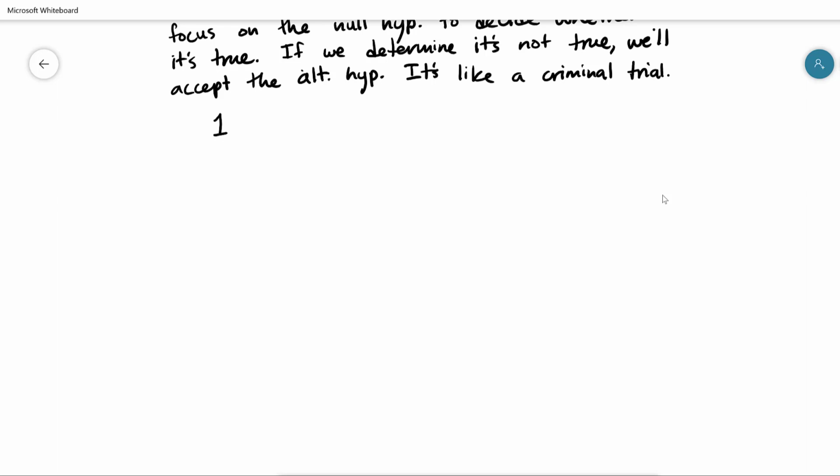The first way that these things are similar, hopefully you've watched your Law and Order, so you know what's going on here, is the presumption of innocence. So we start off with the assumption that it's innocent until proven guilty.